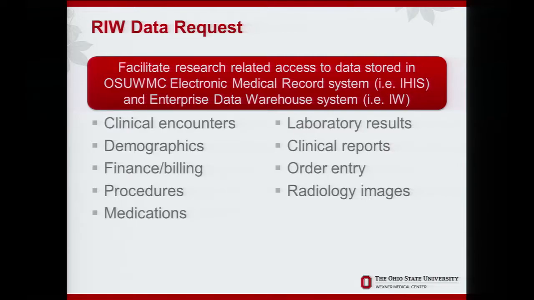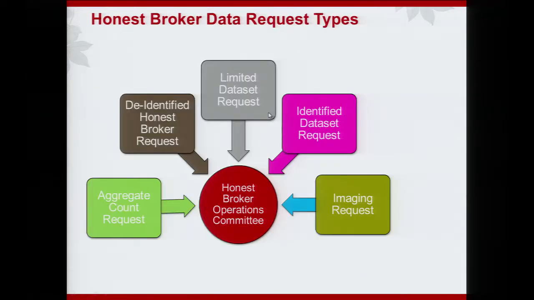So here at OSU, as a researcher, you go through our honest broker process for any data that you want to request, whether it's clinical encounter, demographic, lab results, order entry, radiology images. All of this is stored within our electronic medical record and our information warehouse, and our honest broker group governs that.